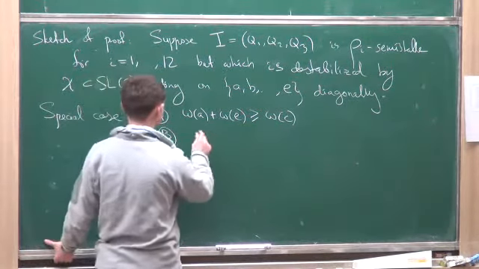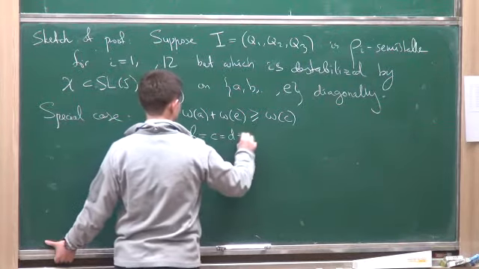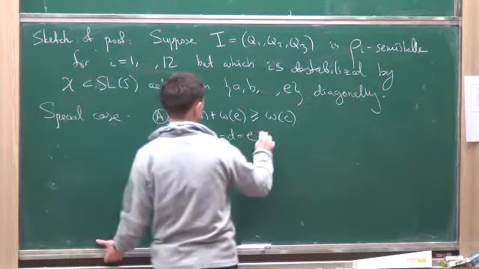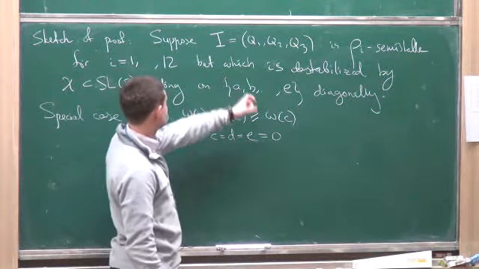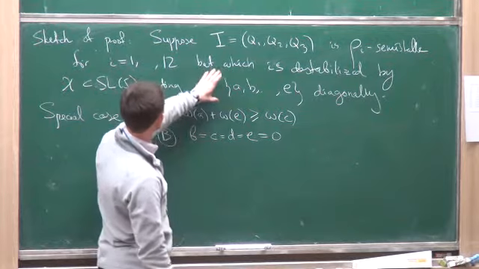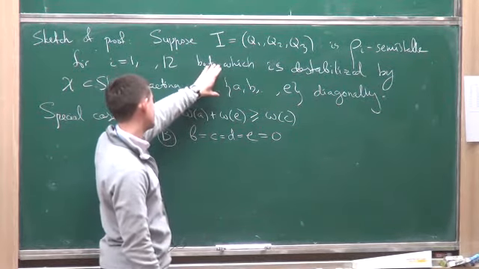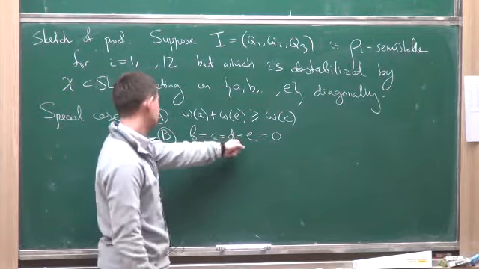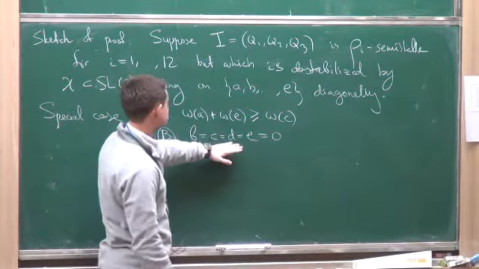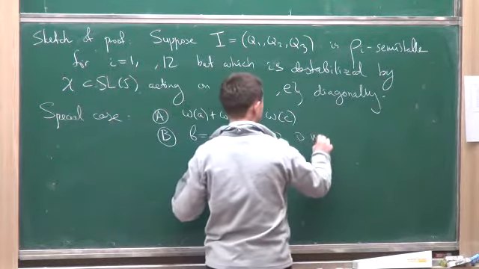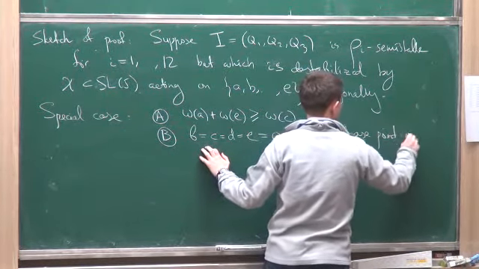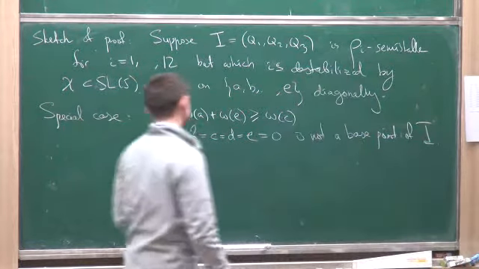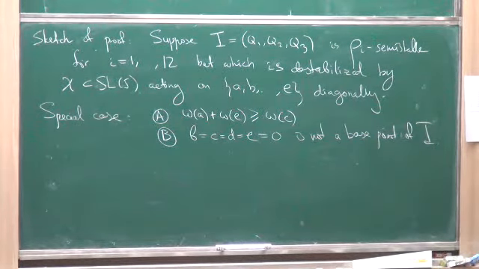And B, which is much more restrictive: we have a flag of linear subspaces on the vector space, and we assume that the point defined by the flag is not a base point of the net. I'm going to arrive at a contradiction now.